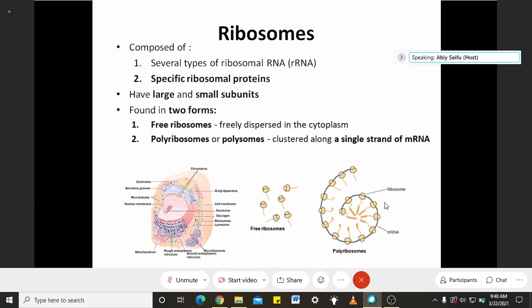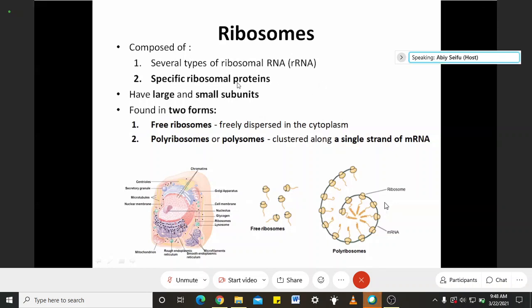These ribosomes are made biochemically from several types of ribosomal RNA. They are transcribed by the nuclear DNA, and there are different types. These are linked with specific ribosomal proteins.